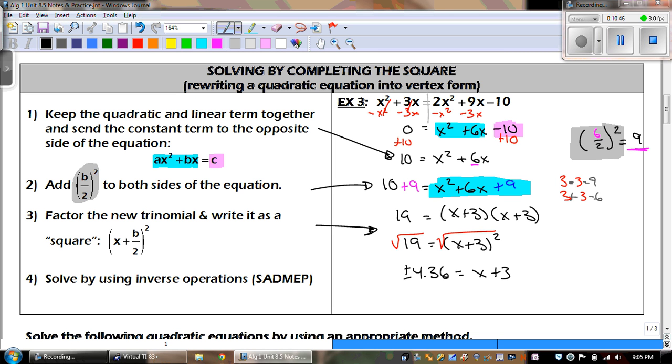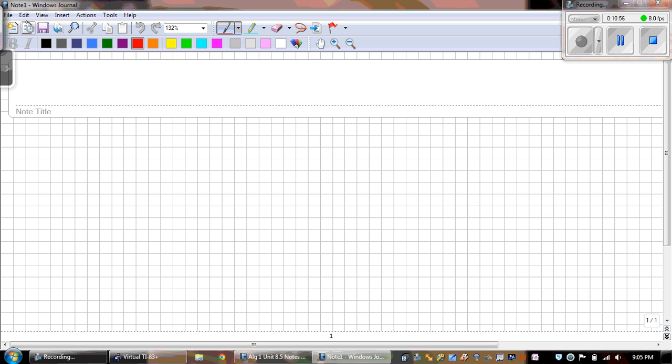And now to solve it, we have to subtract 3 from both sides. And I'm going to do this part on a separate sheet of paper. So we had plus or minus 4.36 equaling x plus 3, right?